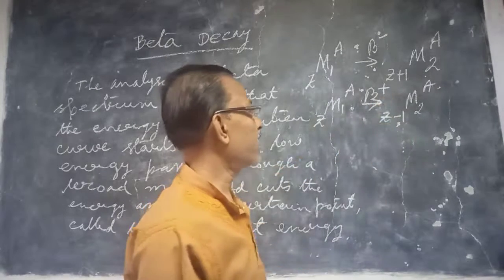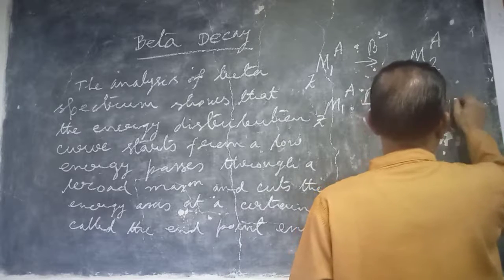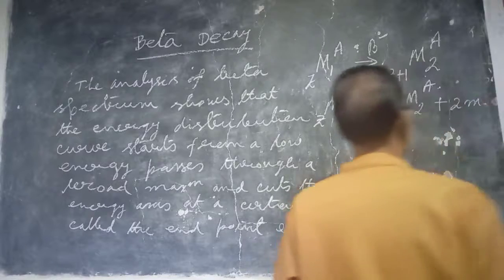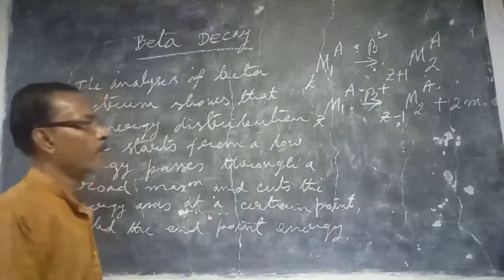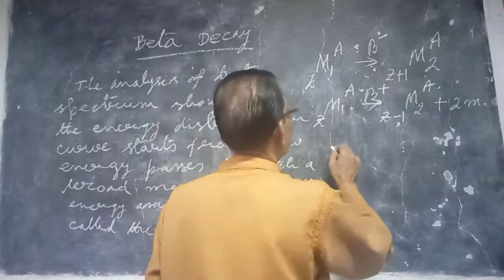So the positron is emitted, plus twice m. This is the positron emission.